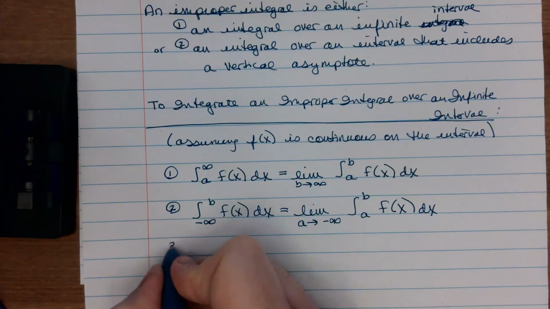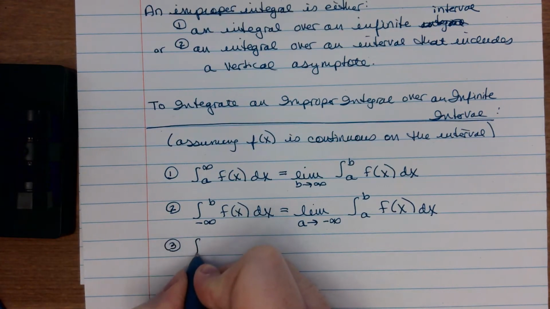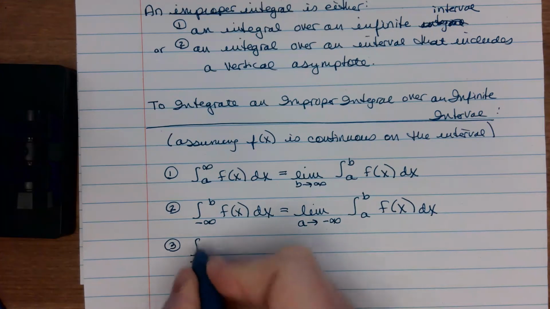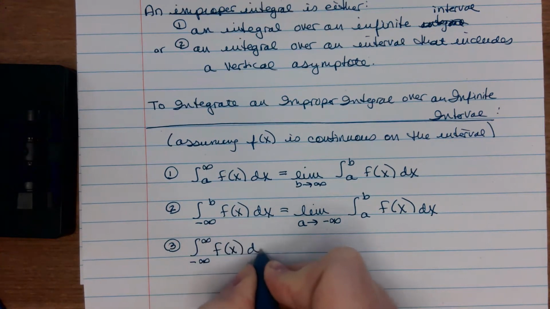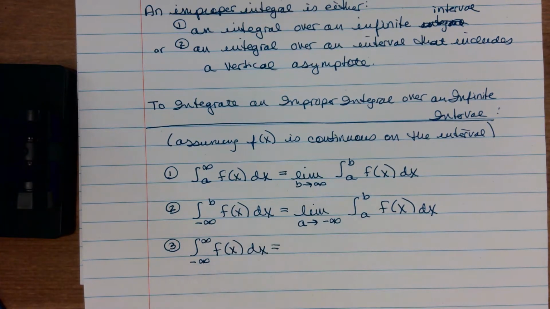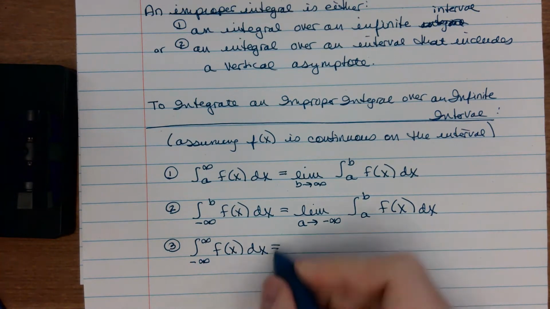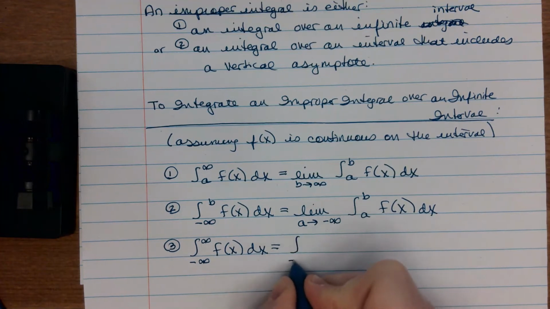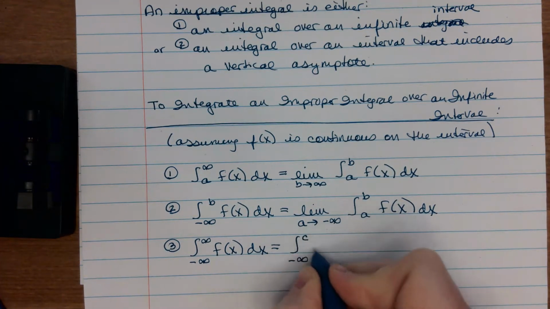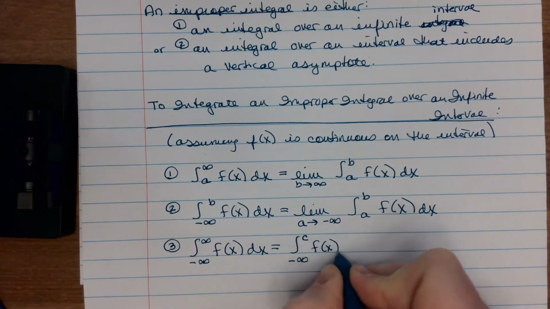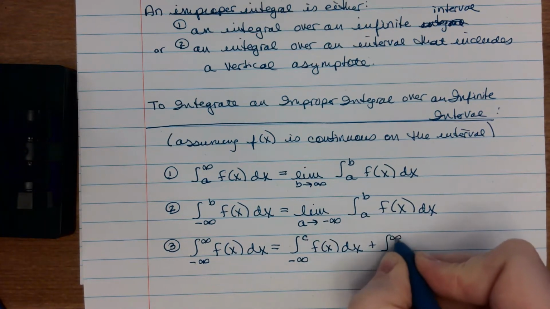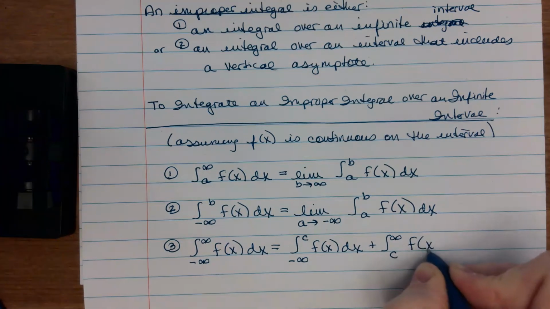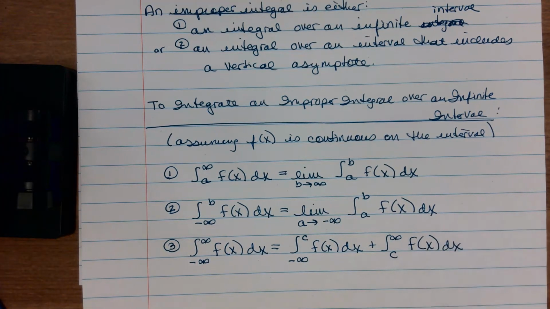There is a third type. If I try to go all the way from negative infinity to positive infinity, well, I can't really do that. But instead, I can go from negative infinity to some constant, and then go from that same constant to infinity, really just splitting up my integral at a convenient place.